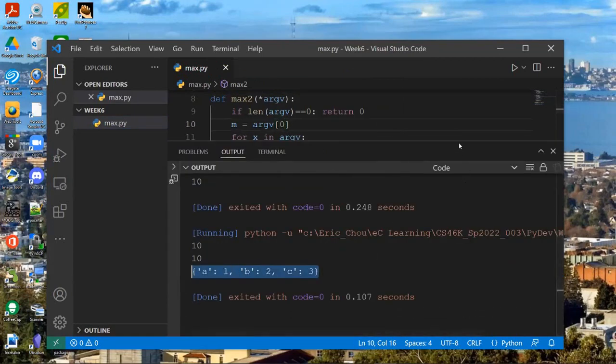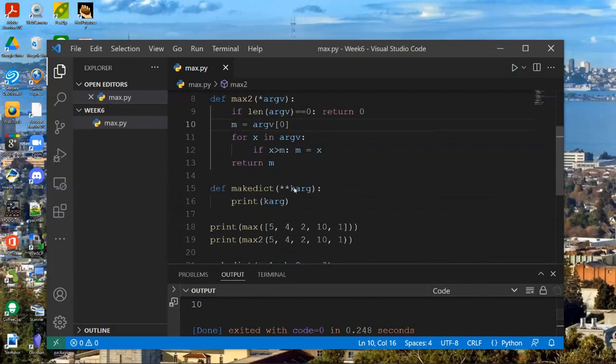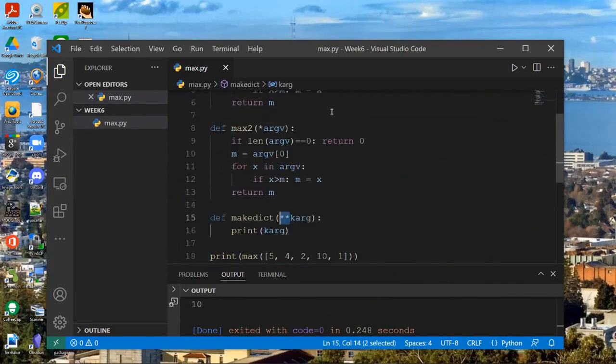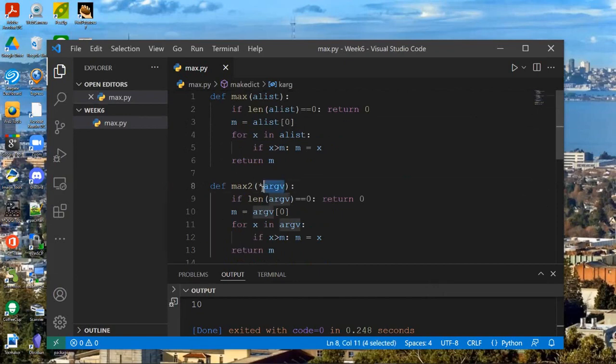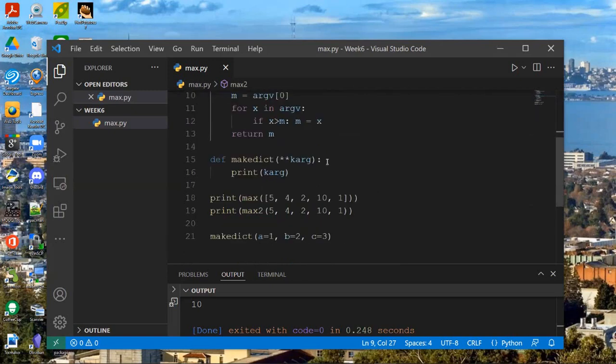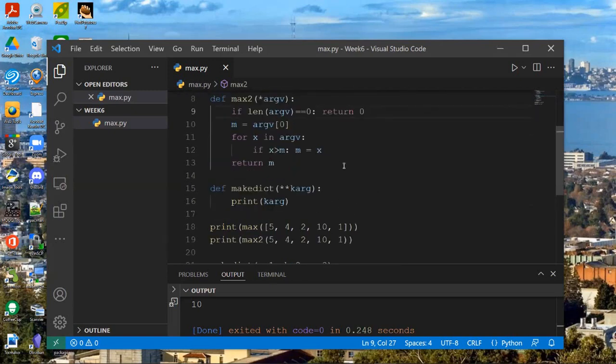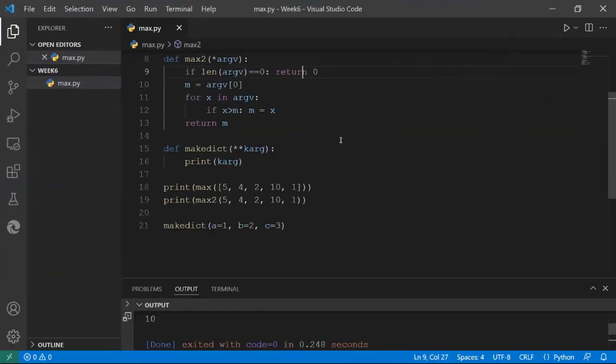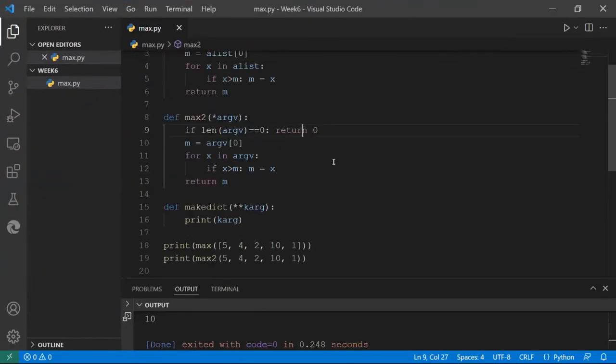Okay. Got it? Yeah, I got it. So that is the use of kwargs, the double star keyword arguments, and the list of arguments, args, the argument vector. So why we want you to learn this and insist on using Python is because Python gives you the most language features that you can have in one language.